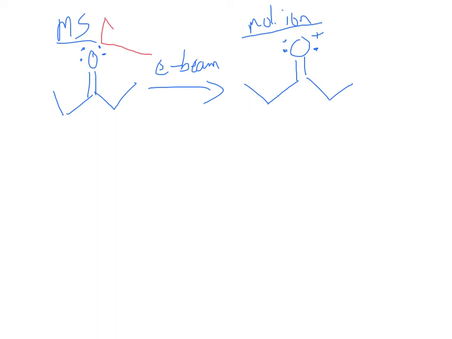So, let's do the alpha cleavage. For that one, we draw 2 electrons in between the alpha and the beta positions. This is alpha, meaning it's right next to the plus-charged atom. This is the beta. So to do this alpha cleavage, one electron is going to go to this beta carbon, and the other electron is going to meet up right there to form a new pi bond.